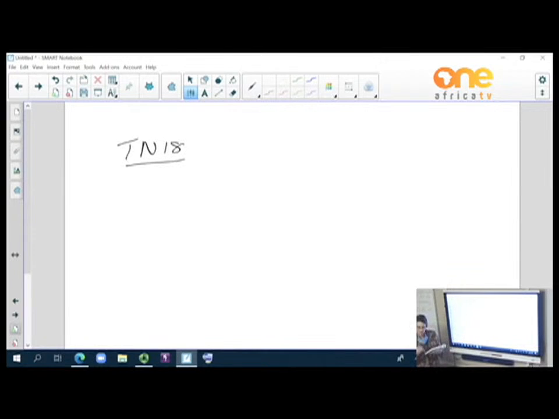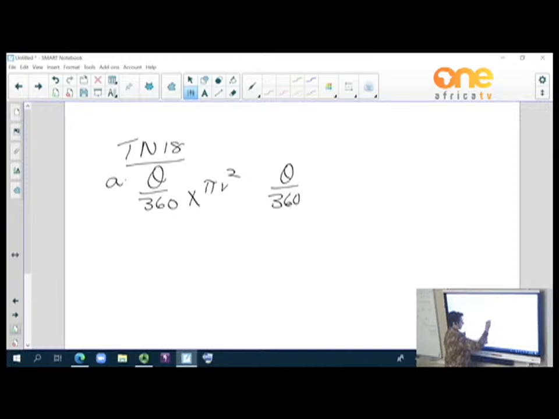Nice mixed exercises that we have here. Copy and complete the table. So we're working with our formula, theta over 360 of pi r squared. This is what you're dealing with here. So you must find the angle. So it is then theta over 360 of pi 6 squared is equal to 25.